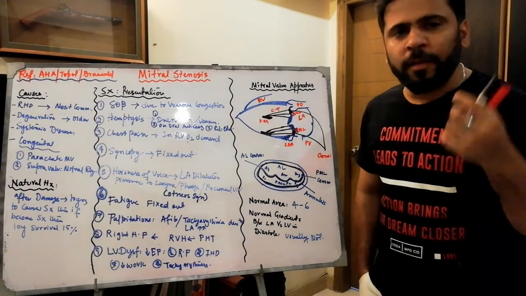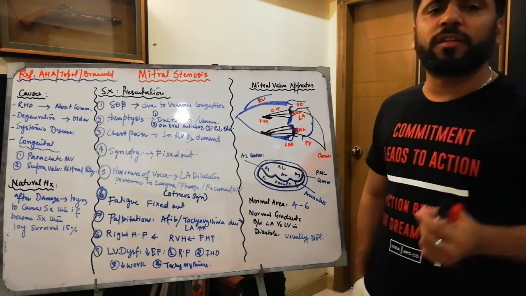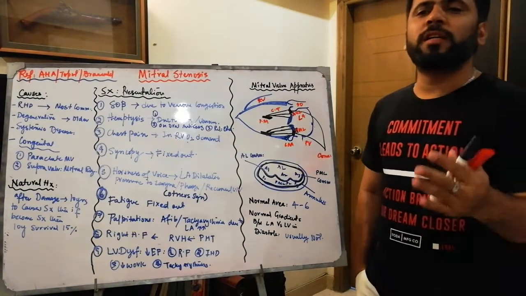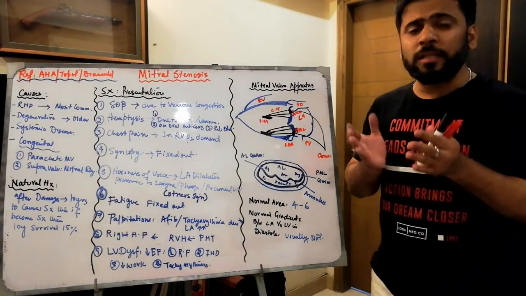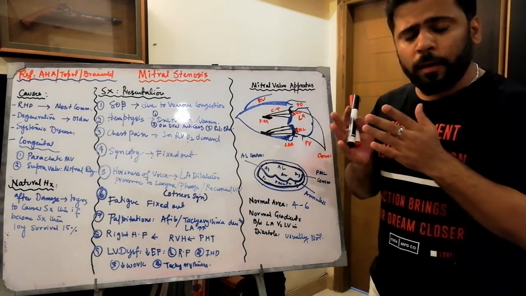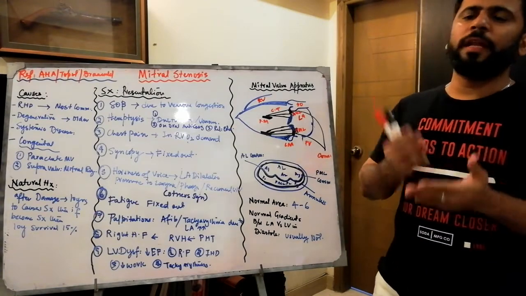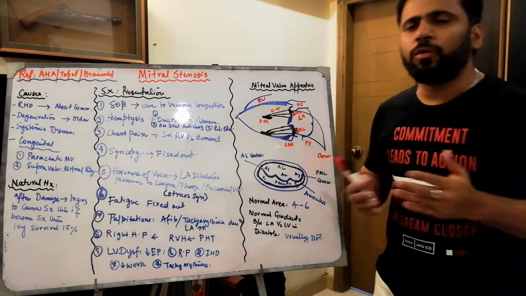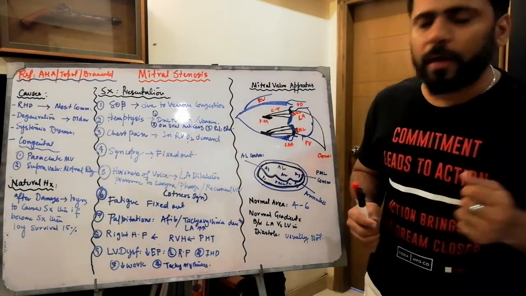What are the anatomical features of the mitral valve, and then we will move towards the causes and the etiology of mitral stenosis, and then we will move towards the natural history, how mitral stenosis develops, how mitral stenosis causes the symptoms in mitral stenotic patients, what is the normal area of the mitral valve, and what are the gradients and how these gradients actually work in developing the disease of mitral stenosis.